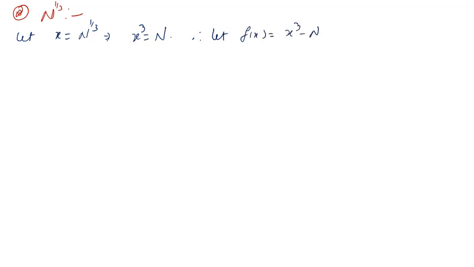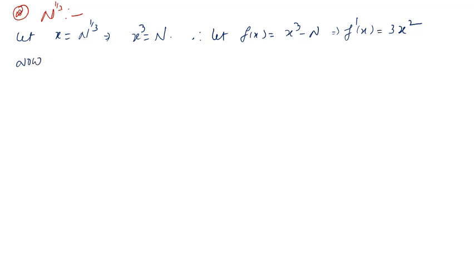Next, the third case is cube root of n, n power 1 by 3. Here let x equal to n power 1 by 3, that implies x cube equal to n. Therefore let f of x equal to x cube minus n, that implies f dash x is 3x square.